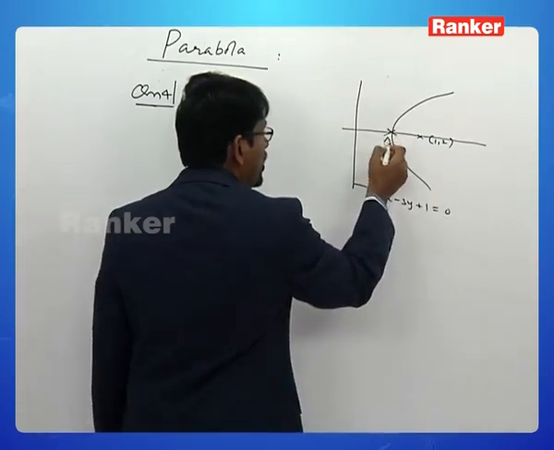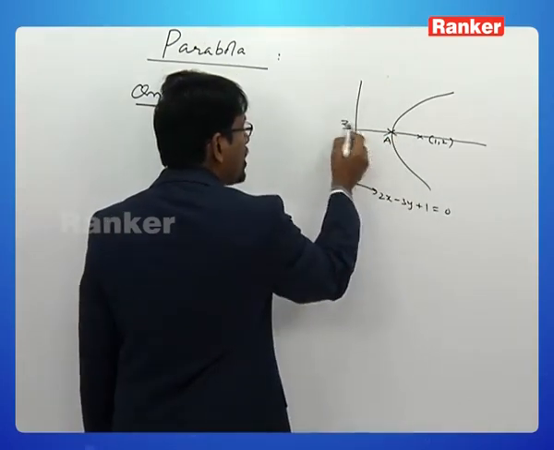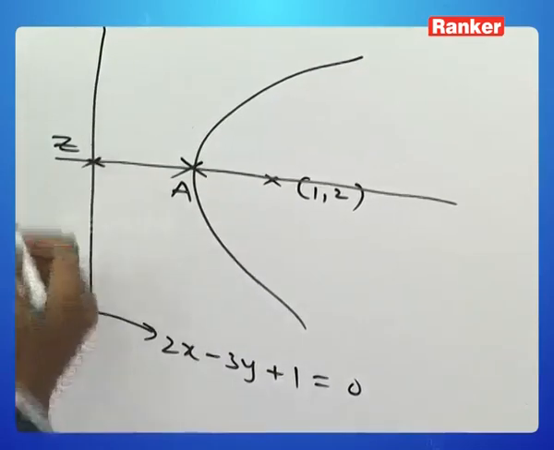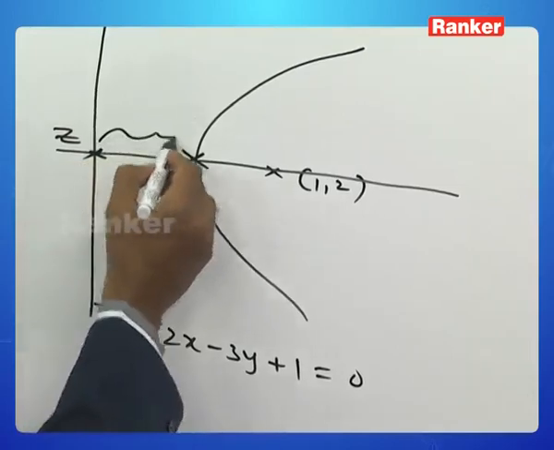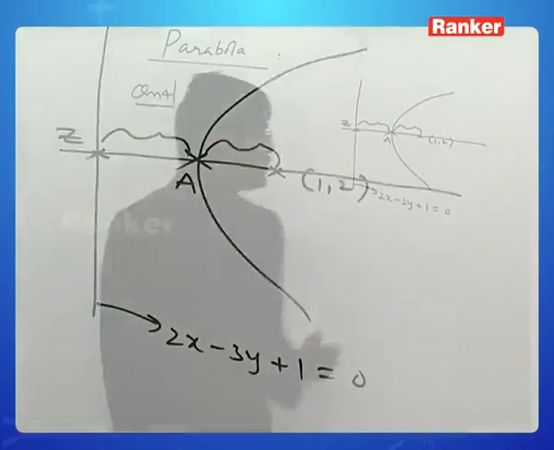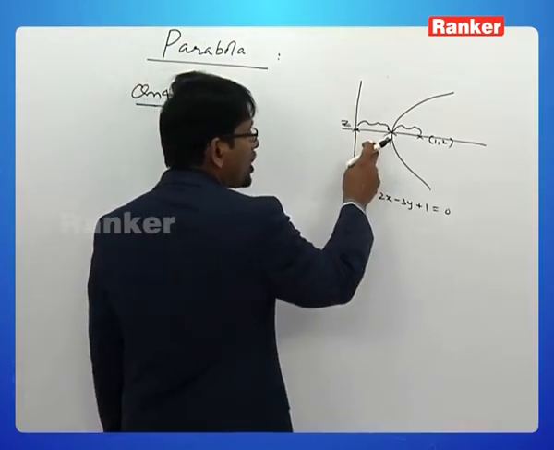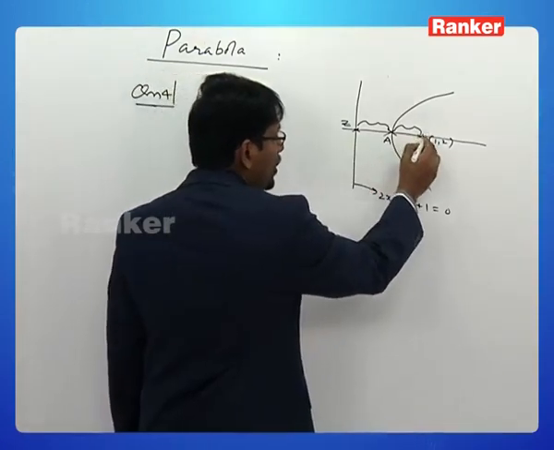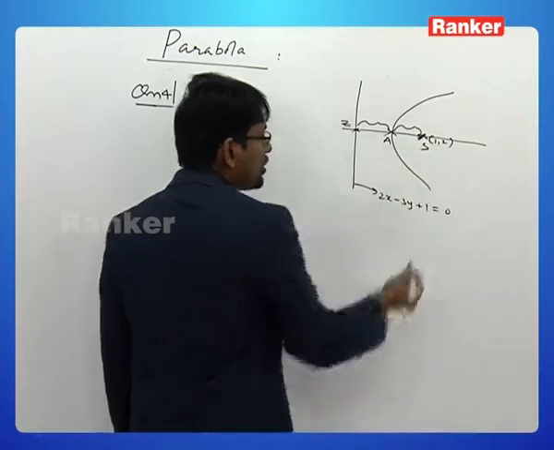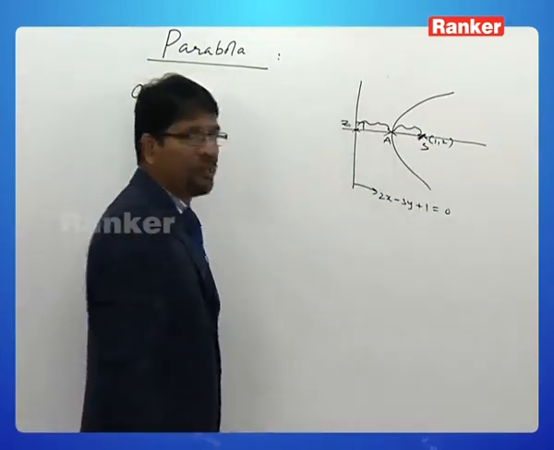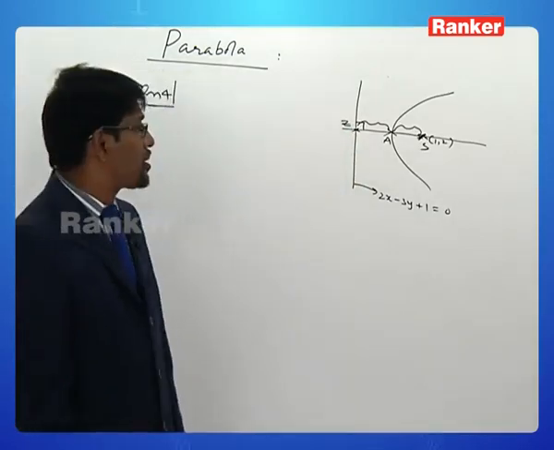This is the vertex. Let us say the foot of the perpendicular from focus to the directrix is the point Z. This length and this length are the same. A, that is the vertex, will be the midpoint of this SZ segment. What is Z? The foot of the perpendicular from focus to the directrix.